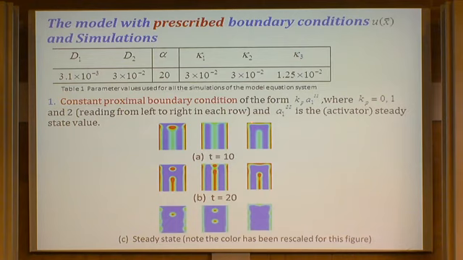From left to right, Kp is 0, 1, and 2. Here A1 SS is the activator steady state value. With this change, one focus point is formed, then two focus points, and nothing occurs inside the wing cells.